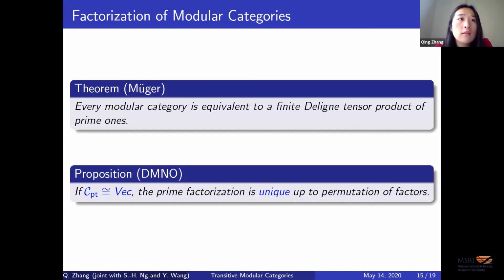So when the pointed part of this modular category is trivial, then the prime factorization is unique up to permutation of factors.